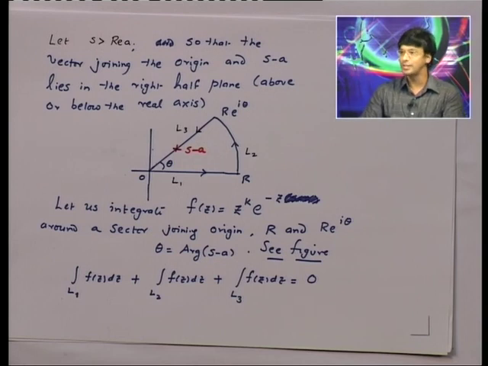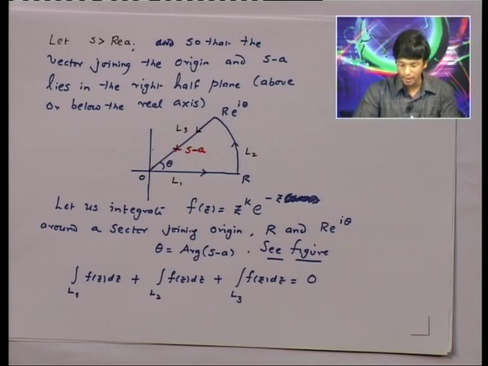e to the power minus z is analytic on the whole complex plane, and if k is a non-negative integer, z to the power k is also analytic, it is a polynomial. So, f of z is an entire function. A function which is analytic in the entire plane is called an entire function.